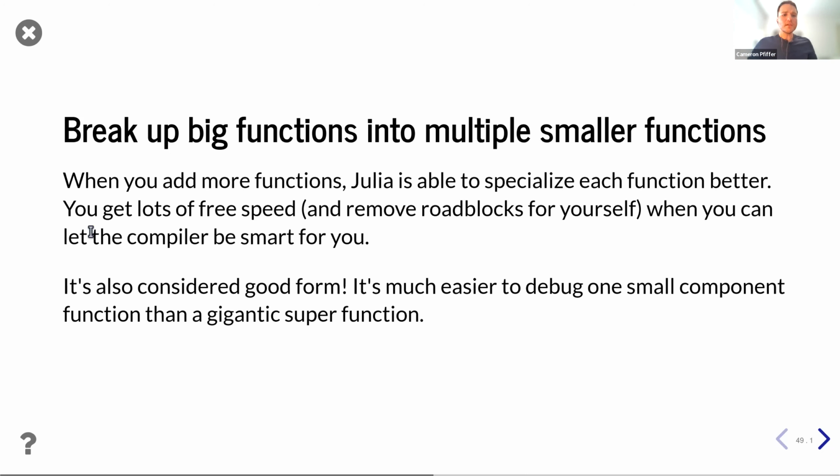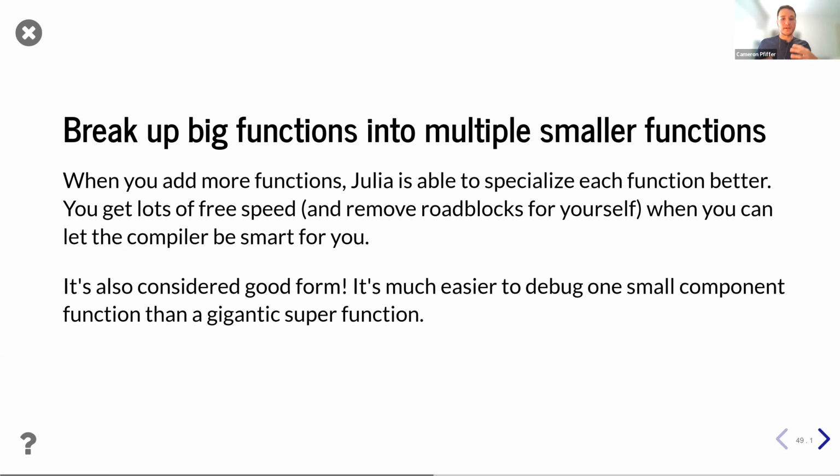So in Julia, when you break a big function into lots of little functions, Julia is able to specialize each of those little parts much better. Some functions are going to accept a vector of Float64 and return a vector of Float64.